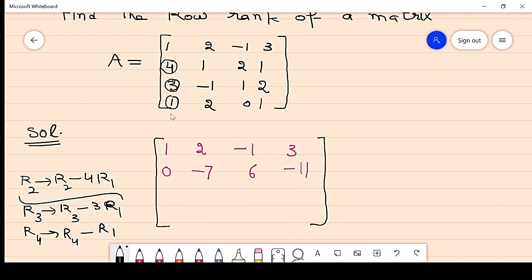Next, minus 3 plus 3 is 0, minus 6 minus 1 is minus 7, 3 plus 1 is 4, minus 9 plus 2 is minus 7.